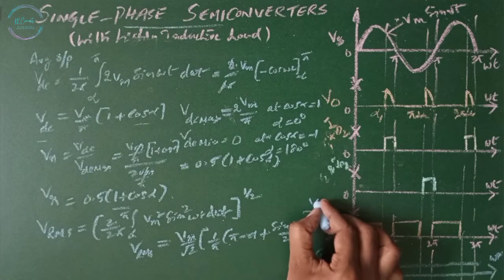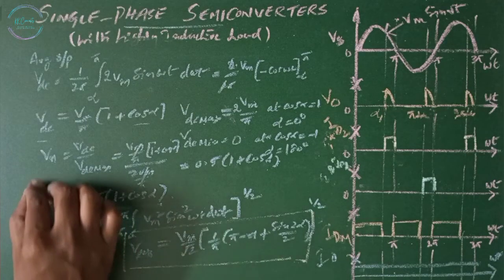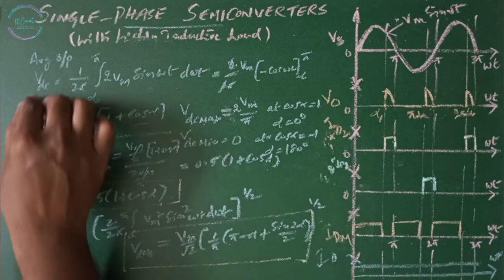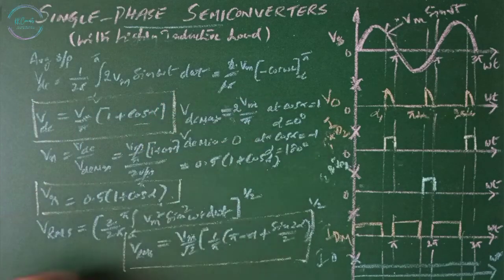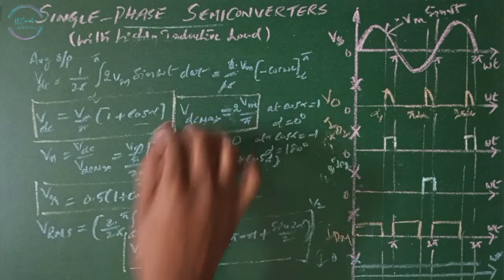This is the RMS output voltage, this is the normalized output voltage, this is the average output voltage, and this is the maximum average output voltage.